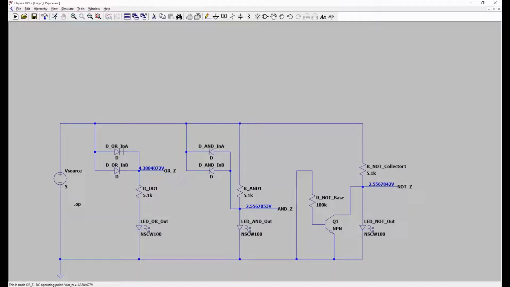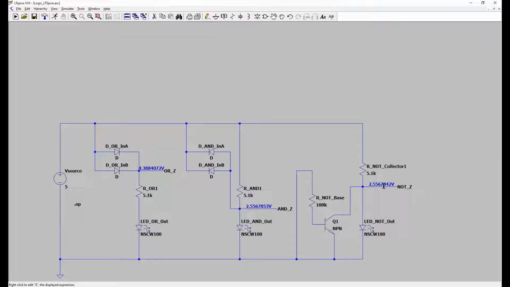And once again, we're getting a high of 2.56 volts, which is the voltage drop across this LED at the current passing through it. Very slightly different from the NOT gate, but not enough to matter.